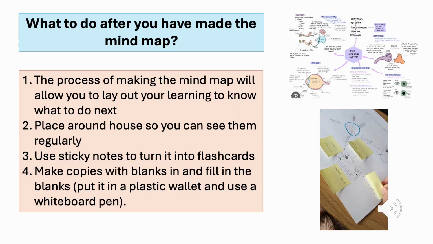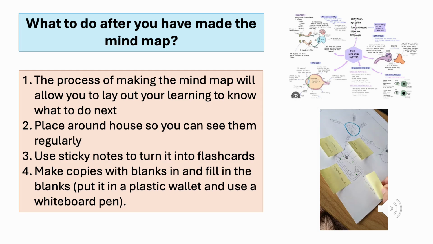Last step with a mind map, and I think this is probably the step that people struggle with, is what do you then do after you've made the mind map? So there's a few options that you can do. So the process of actually making the mind map in the first place will allow you to lay out your learning to know what you need to do next.